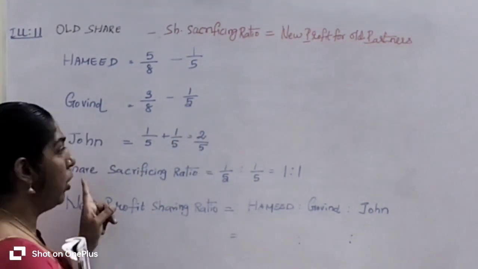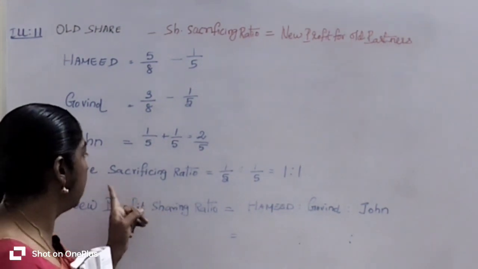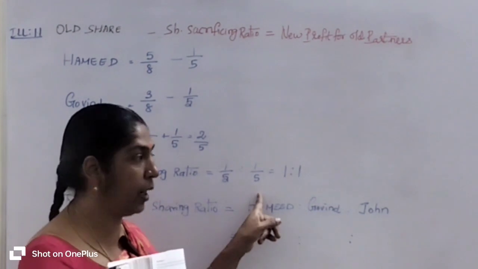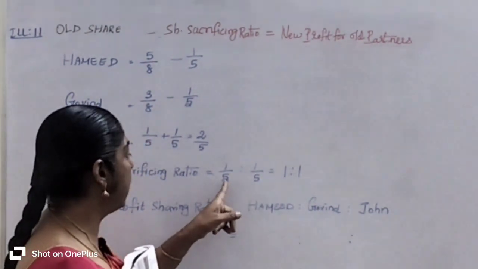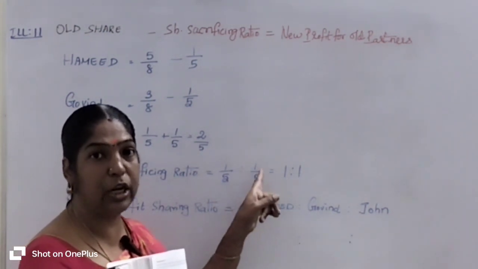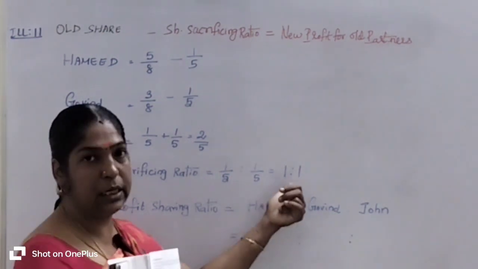So we write the heading: sacrificing ratio equals 1/5 is to 1/5. The sacrificing ratio is 1:1. Why? Because we cancel the denominator 5, then you will get the ratio form. That is, the sacrificing ratio is 1:1.